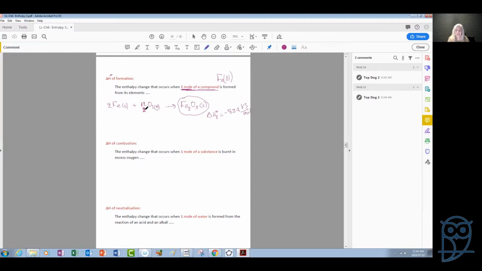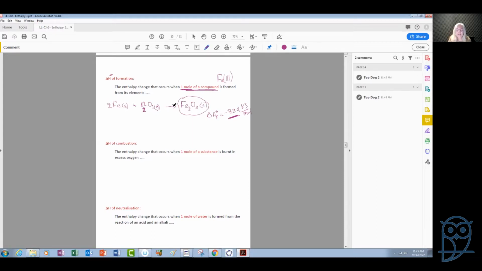And that is why they have written this equation in terms of 1.5 here, which is funny to see in an equation of this sort. But the value given to us corresponds to the formation of 1 mole of iron oxide.